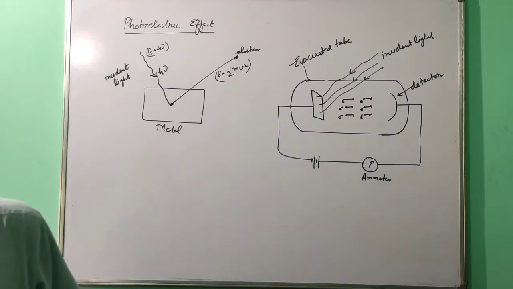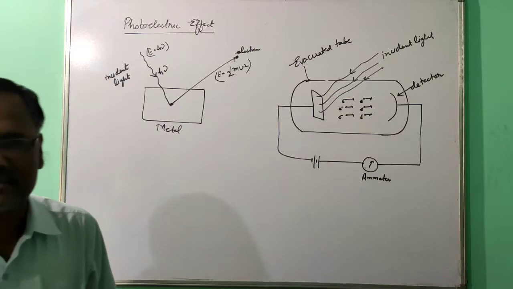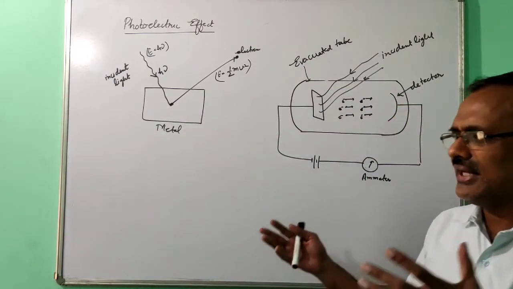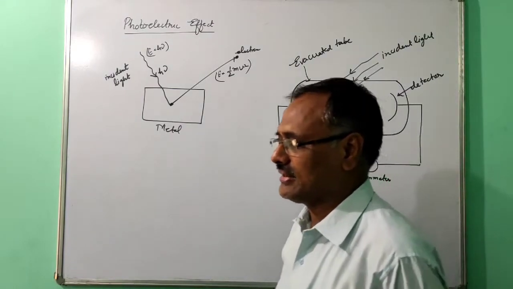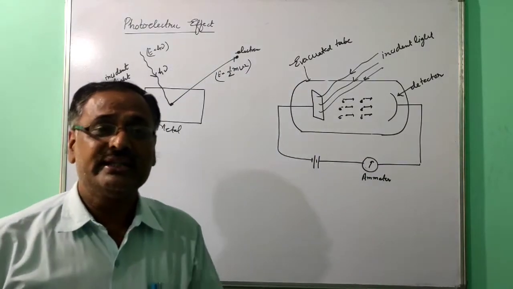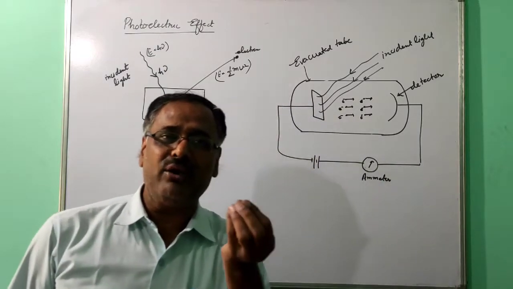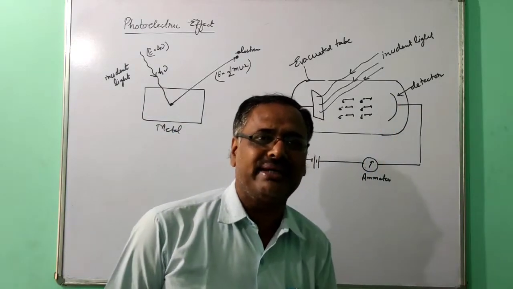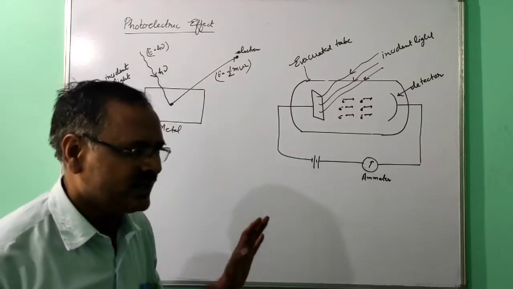For this, three observations are made. First of all, when light falls on any metal surface, the light should have a minimum frequency to eject the electron. This minimum frequency is called the threshold frequency, and the minimum amount of energy to remove the electron from the metal surface is called the work function.